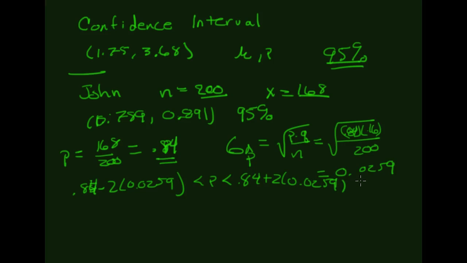And in fact, those values resolve to being 0.7882 is less than p is less than 0.8918, which, my gosh, these are really close to these values.